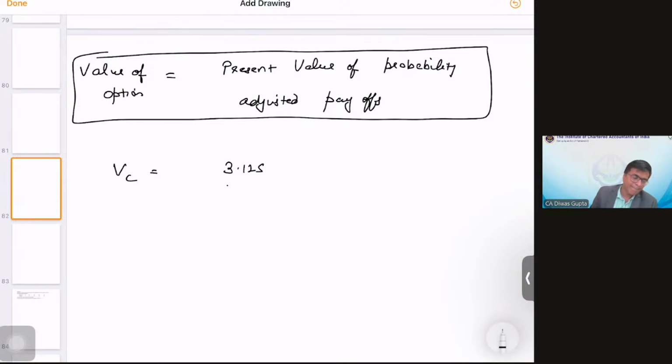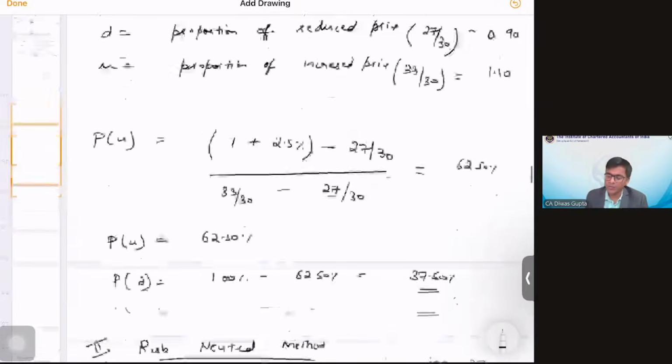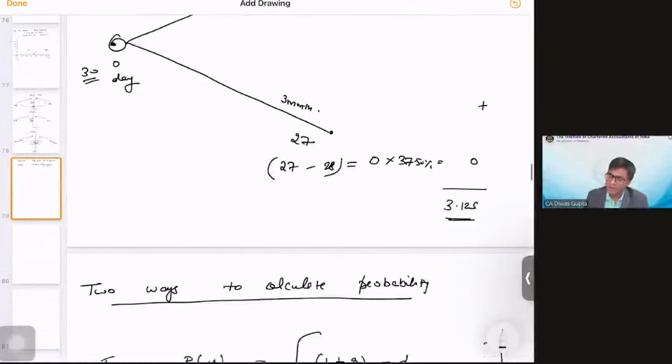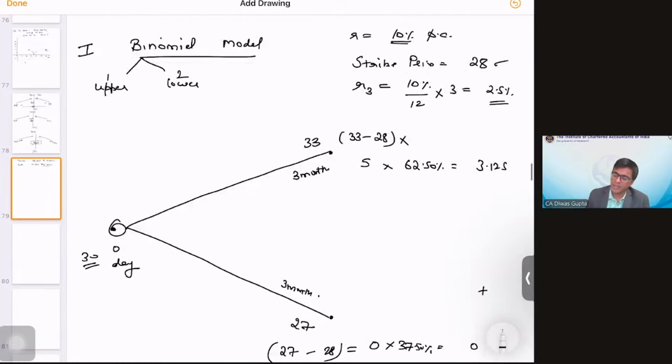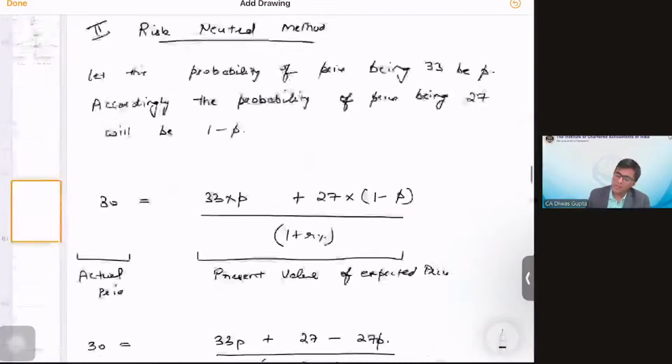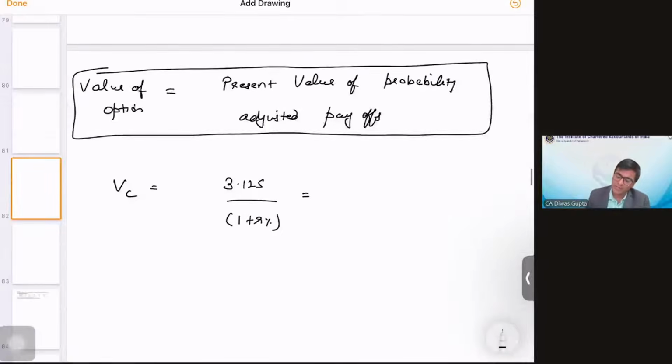So here the value of the call option is equal to 3.125 divided by 1 plus r percent. Correct? Because 3.125 was the value of the option on the third month. Here 1 plus r again will be 1 plus 2.5 percent. So this becomes 3.0487.